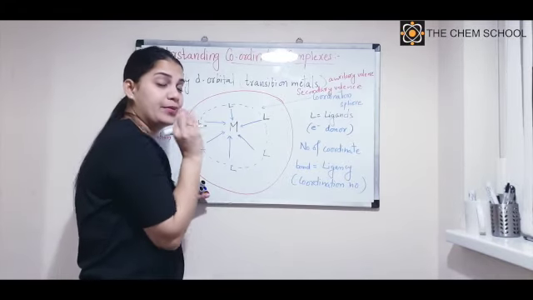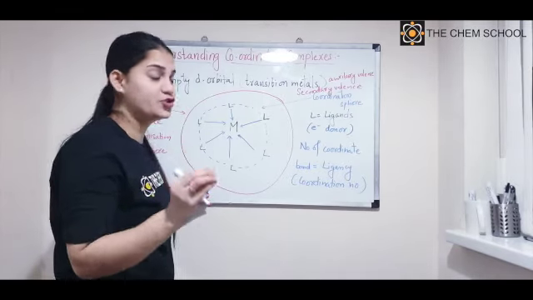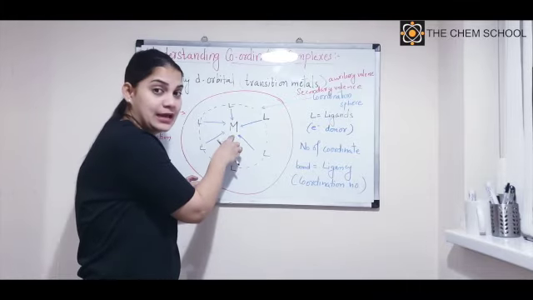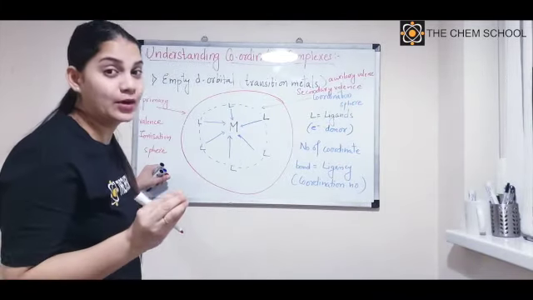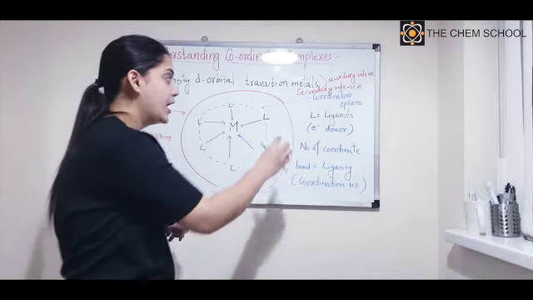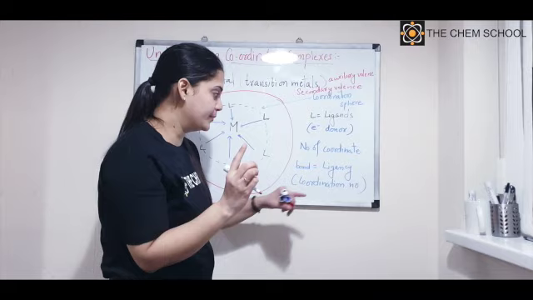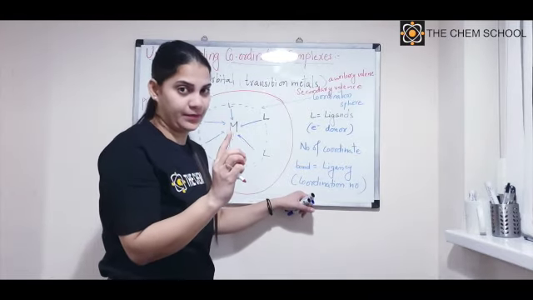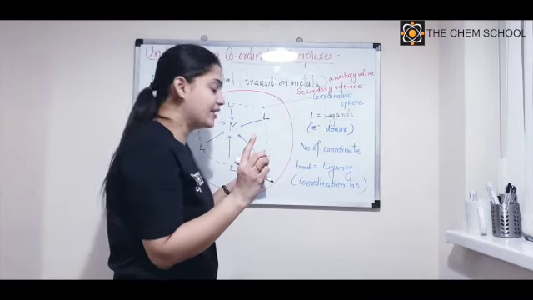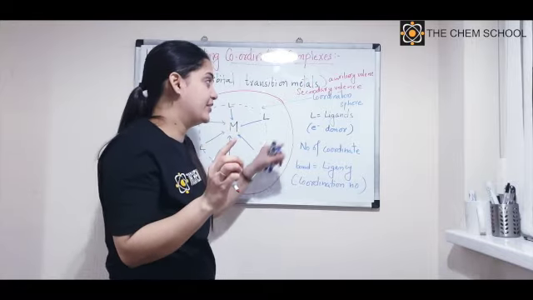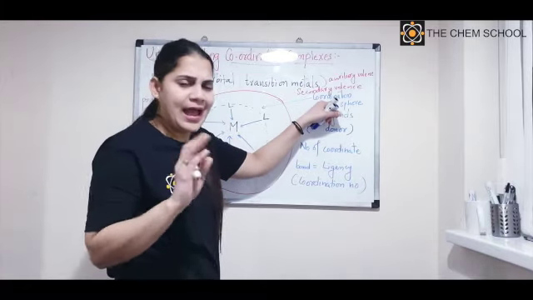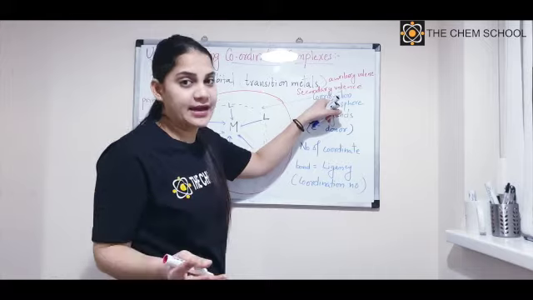I repeat, the primary valence decides the oxidation number of the metal. That is the reason it is called the ionization sphere. The secondary valence decides the coordination number, and therefore it is called the coordination sphere, and it also decides the geometry, as we said previously.